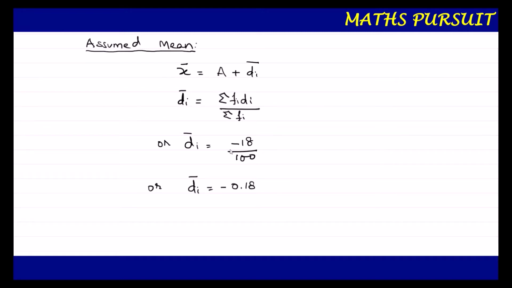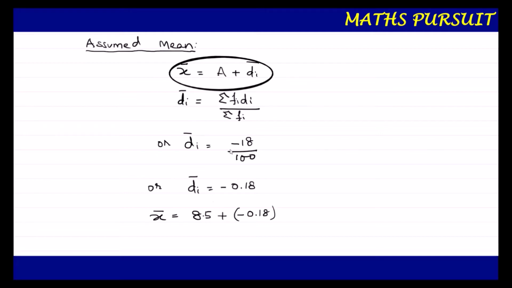So now it would be very easy for us to find out the mean. So I can write mean is equal to, if you look here, what we took, mean is equal to a plus mean of di. So our a is assumed mean. Our assumed mean that we considered for our calculation here is 8.5 plus mean of di. Here we got mean of di as minus 0.18.